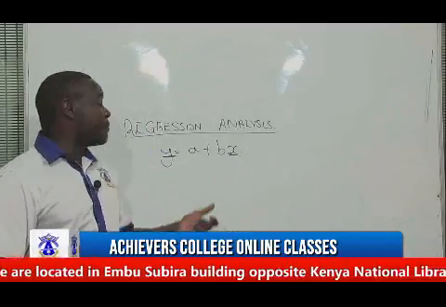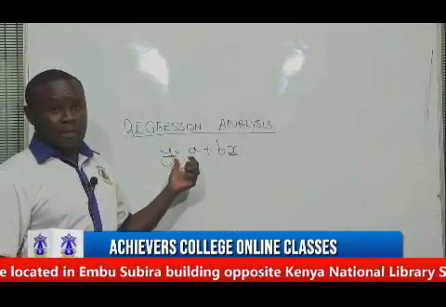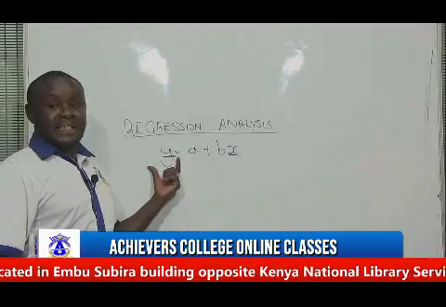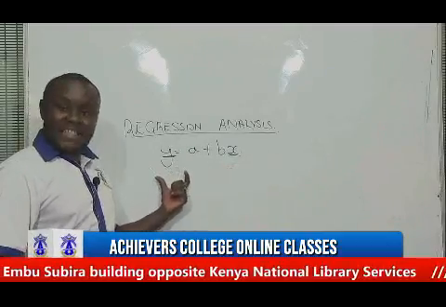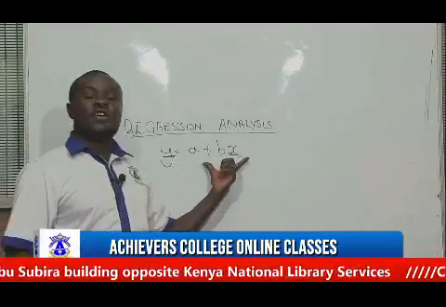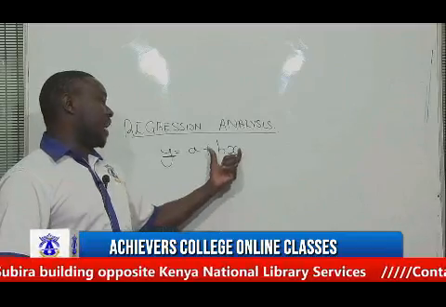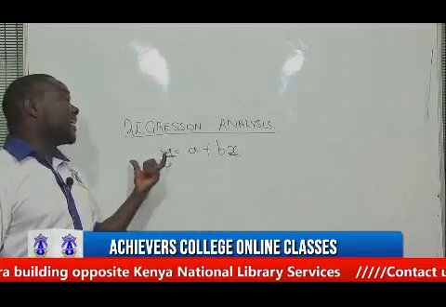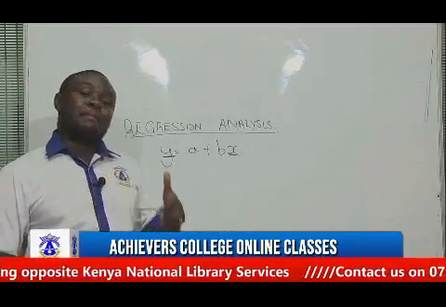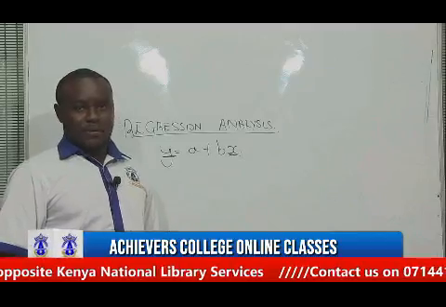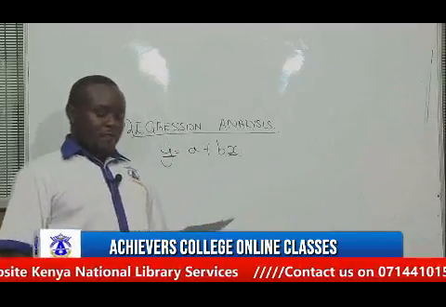It's represented by y in this equation. The change of y in this equation depends on the change in the quantities. If they are changed, automatically y also will change. That is why we call it the dependent variable.